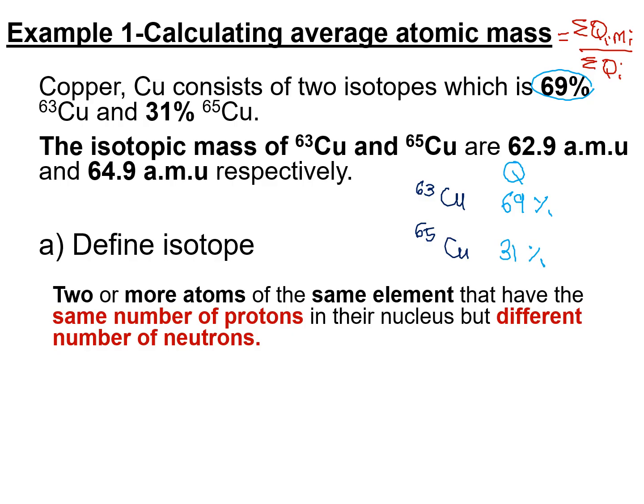And next it gives the isotopic mass. This question is quite direct, because it gives the isotopic mass straight away. The isotopic mass for 63 Cu is 62.9 AMU, and for 65 Cu it is 64.9 AMU.